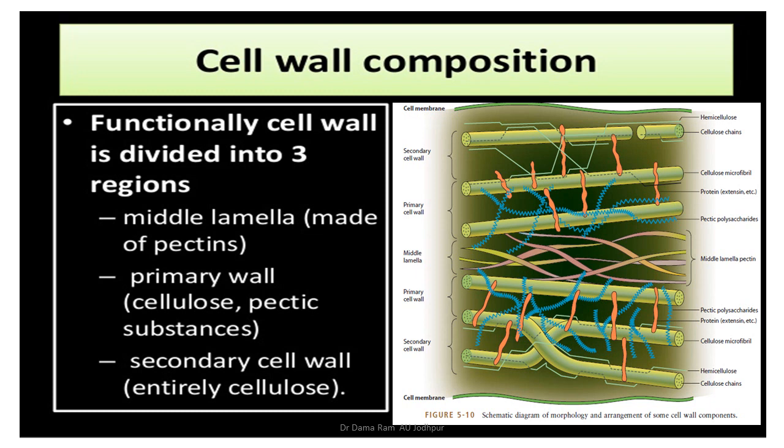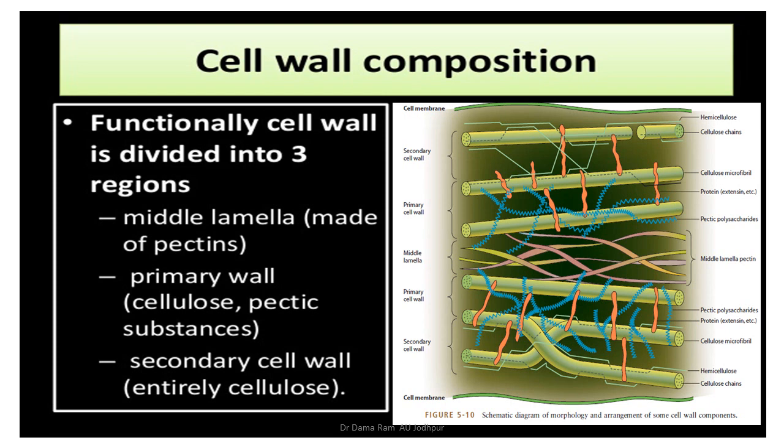Functionally, the cell wall is divided into three regions: middle lamella, primary cell wall and secondary cell wall. The primary cell wall is made up of cellulose and pectic substances, and the middle lamella is called the cement of the cell wall, made of pectin substances, and the secondary cell wall is entirely made up of cellulose.